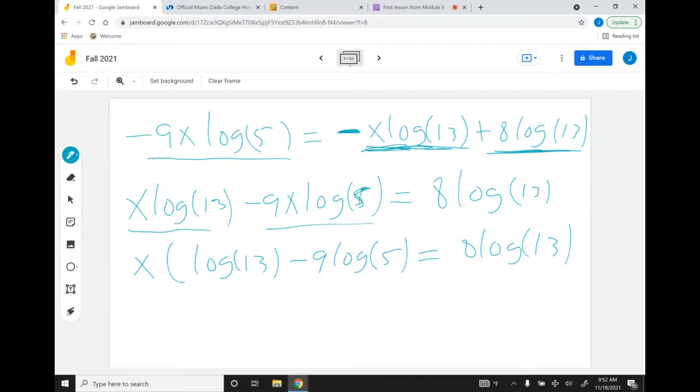And then to solve for x, we're just going to divide all of it by this. So this is going to be messy. Log of 13 minus 9 log of 5. And that's what x is.